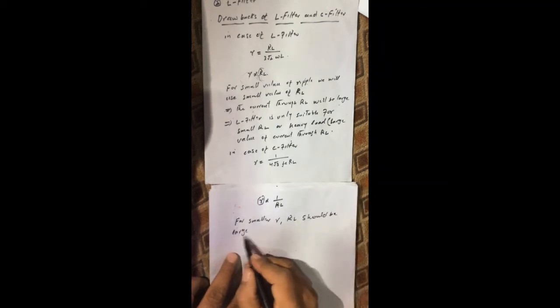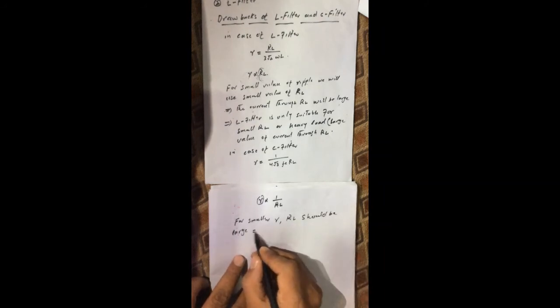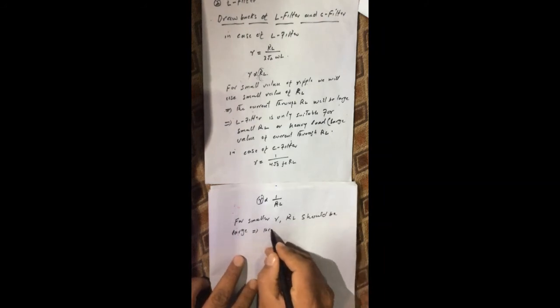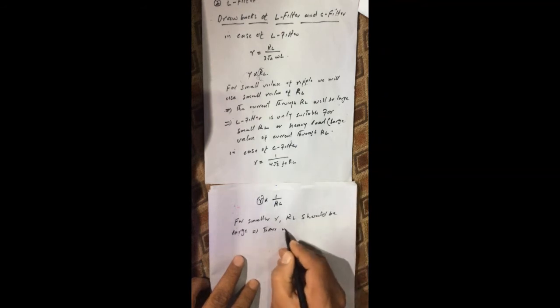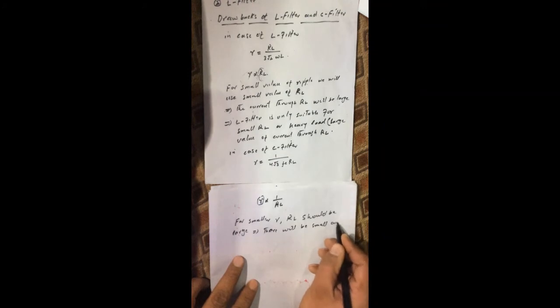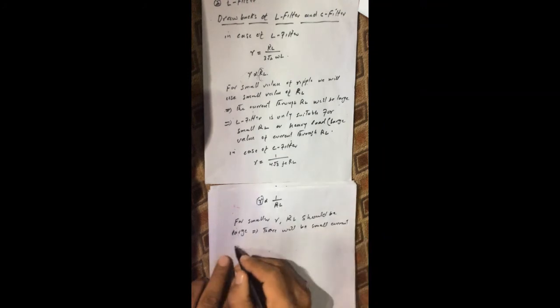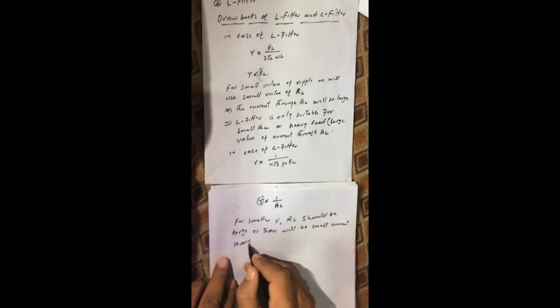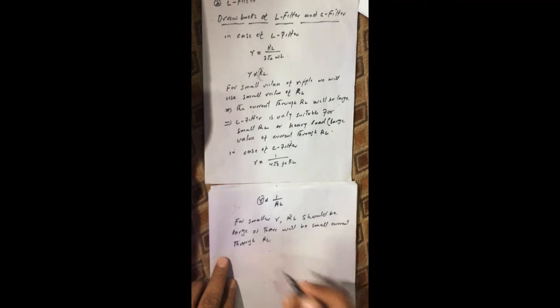If RL is large, then this implies that there will be small current through RL, because the load resistance is large.